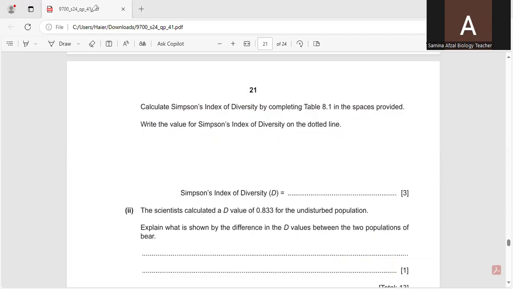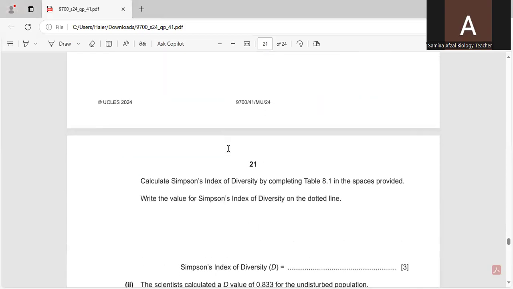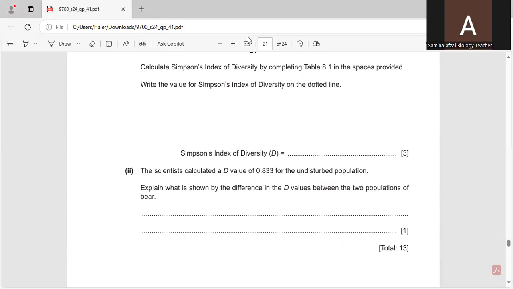We will go back to the formula, which is D is equal to 1 minus sigma n over N squared. After calculating this, we will find the answer.